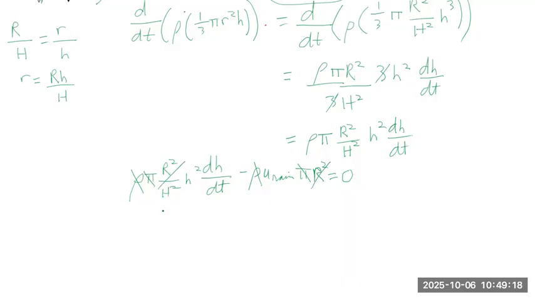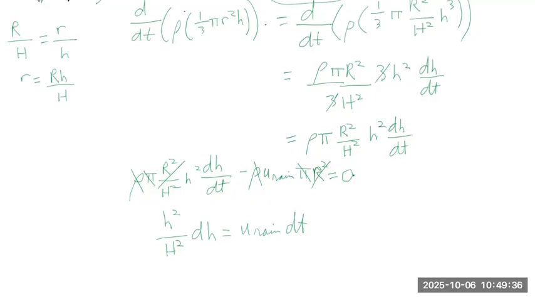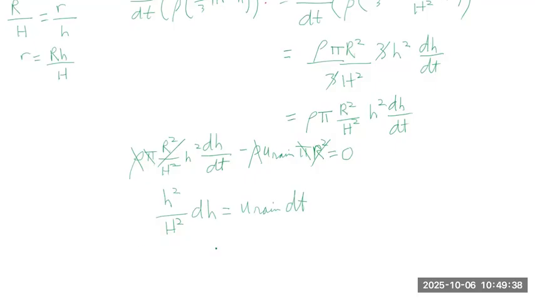So we are left with h squared dh is equal to u rain dt. Yes. And now we can integrate.